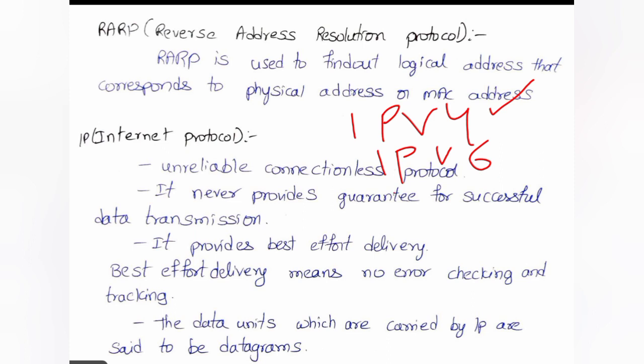So the future will be IPv6 addressing, which is still developing. IPv4 addressing is in decimal format, whereas IPv6 is in hexadecimal format. Due to the increase in the number of devices connected to the internet, IPv4 addressing has a shortfall of addresses. That's why we are moving to IPv6 addressing.